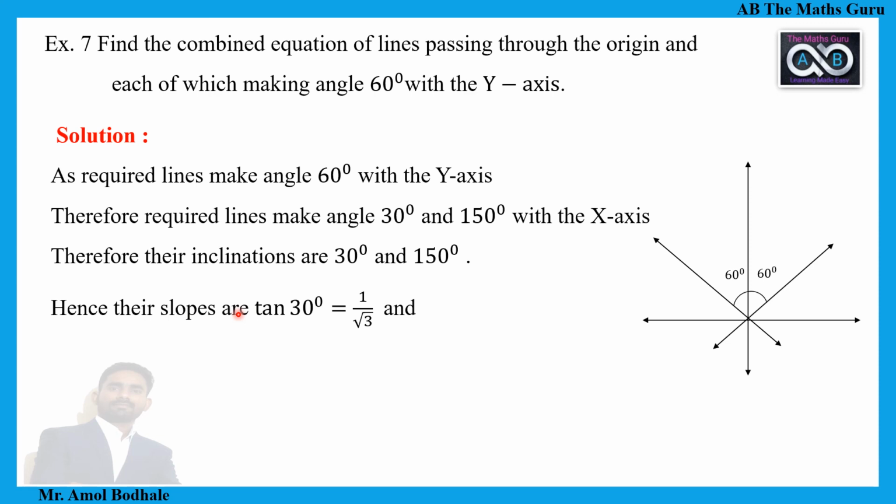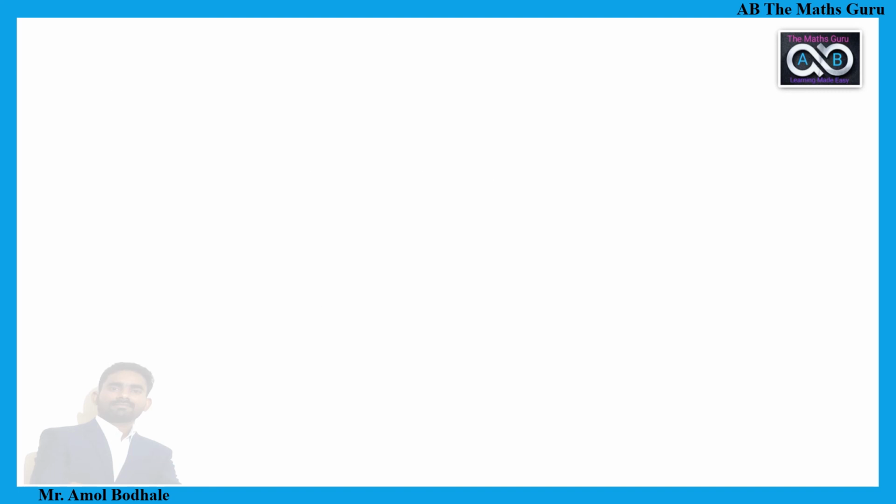Hence their slopes are tan 30 and tan 150. tan 30 equal to 1 by root 3, and tan 150 we can calculate by expressing it as tan of 90 plus 60, which is minus cot 60, which is minus 1 by root 3. So here we have the slopes.